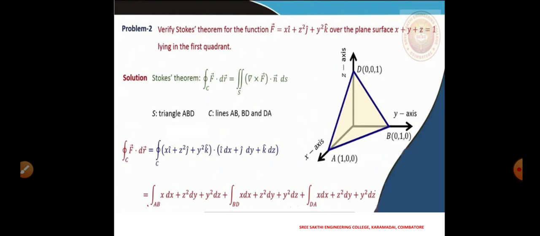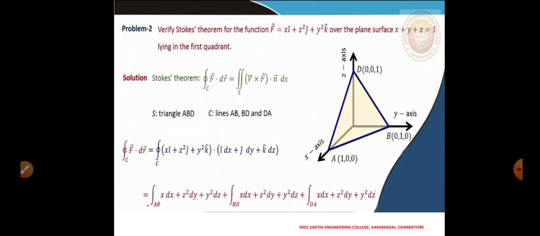Again, to apply the Stokes theorem, the surface is the triangular surface, and the curve C is the boundary of the surface. So the boundary curve is just these three lines, and the triangle is the surface.